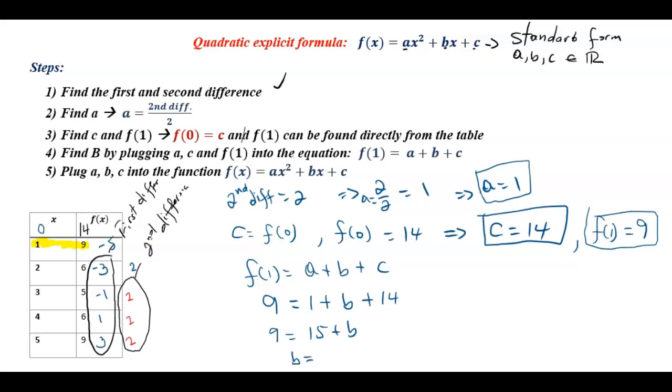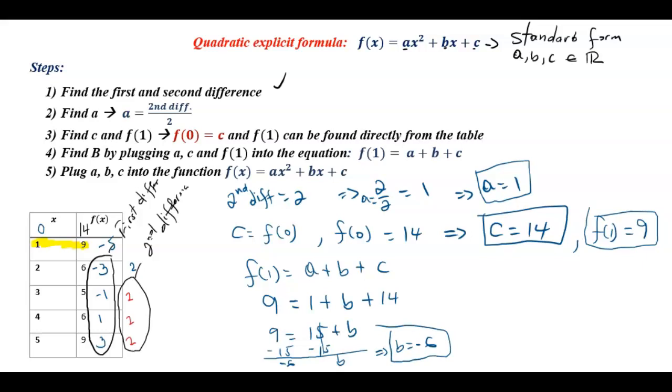Again, let me write that step down. We do minus 15 on both sides of the equation. That's equal to negative 6, and that'll be gone, and that'll be b. So b equals negative 6.